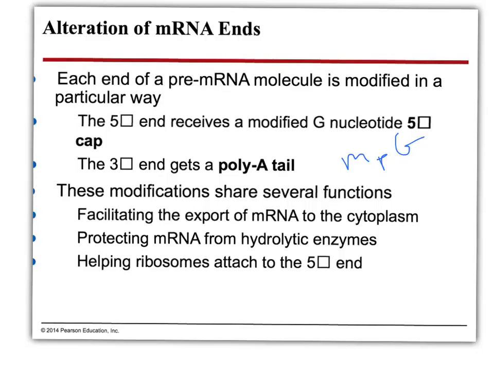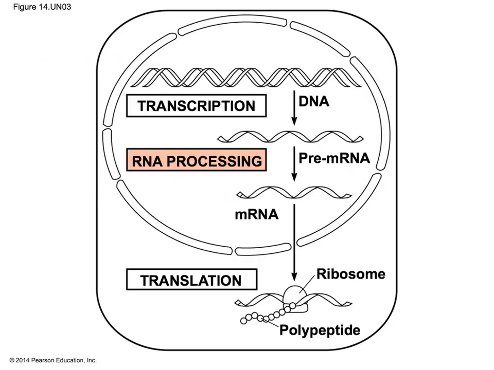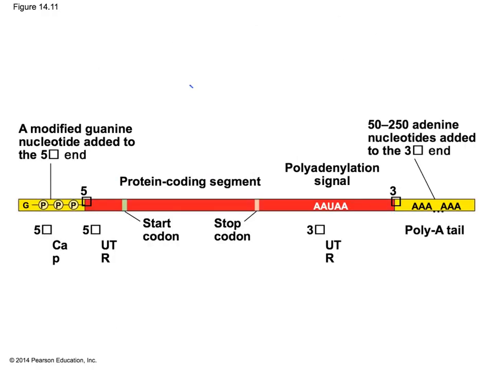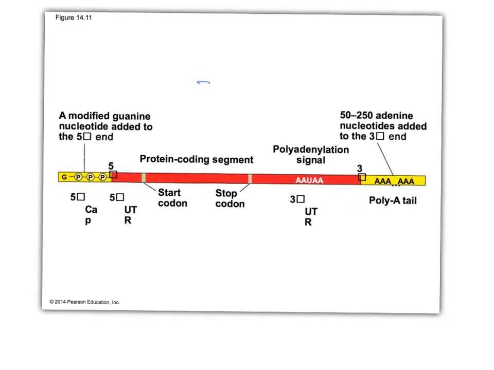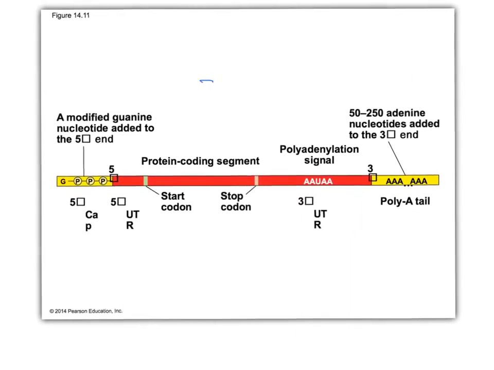Questions on the altering of it? Now here's an example they use in your book. There's your 5' methyl cap. It's a guanine nucleotide with a couple of phosphates attached to the 5' end. Then you see you have a 5' untranslated region, the start codon, and the stop codon.